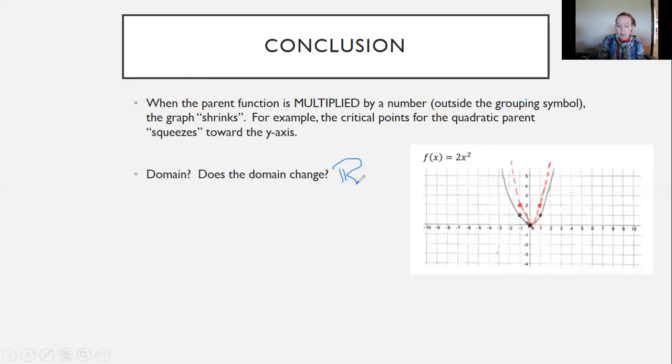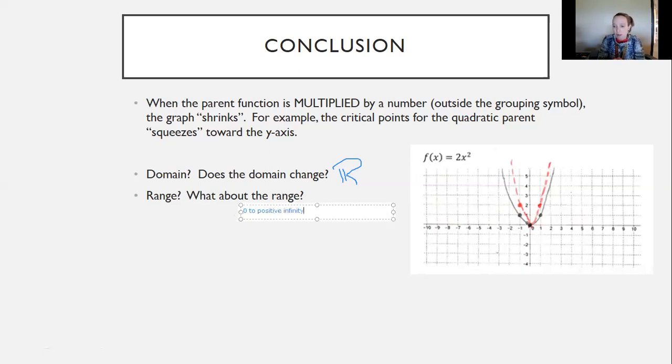And what about the range? What does happen to the range? Am I going to be able to get any y that I want? Well, no, I never have any y's down here in the negative, so my range is still going to be from, sorry, not negative infinity, from 0 to positive infinity.